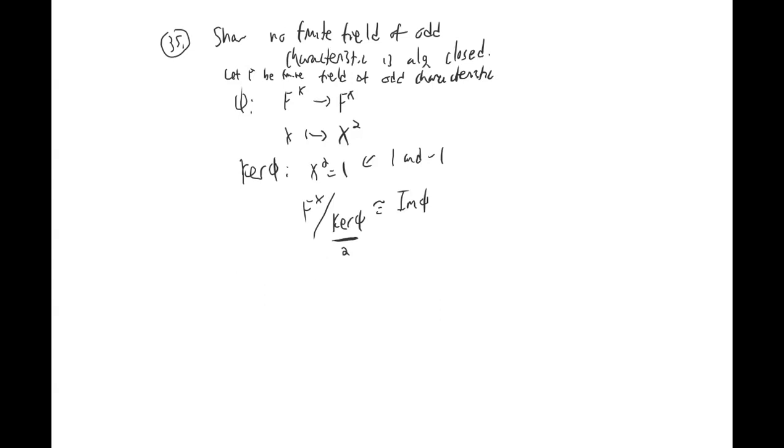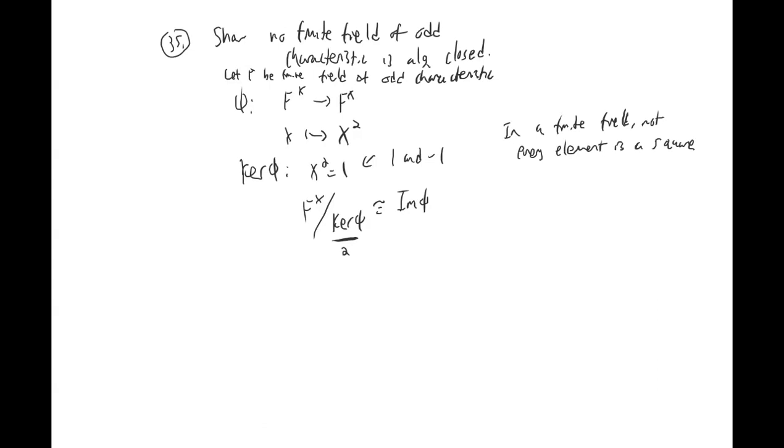So basically the idea is that in a finite field, not every element is a square. Do you all remember this on your homework? I think it was on your homework.